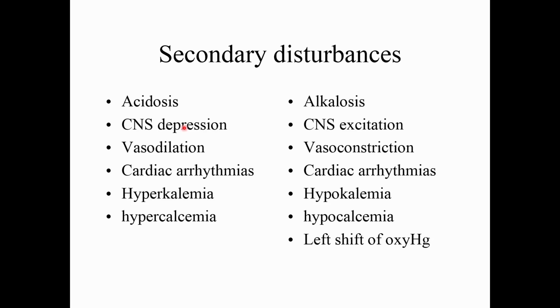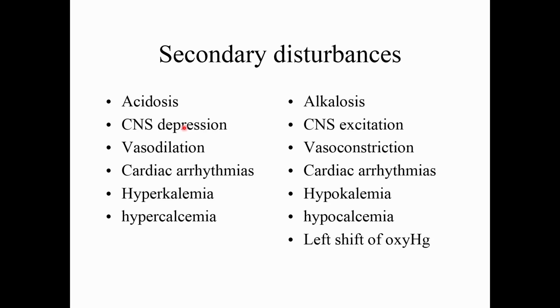Acid will cause vasodilation because of alterations in calcium, but also you'll get alterations in potassium, and that potassium will result in cardiac arrhythmias. Remember that as hydrogen ion is shifting in to access intracellular buffers, then potassium will shift out, and you're more likely to see that with metabolic acidosis.